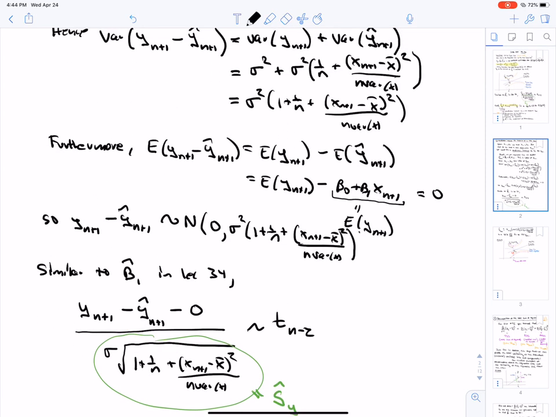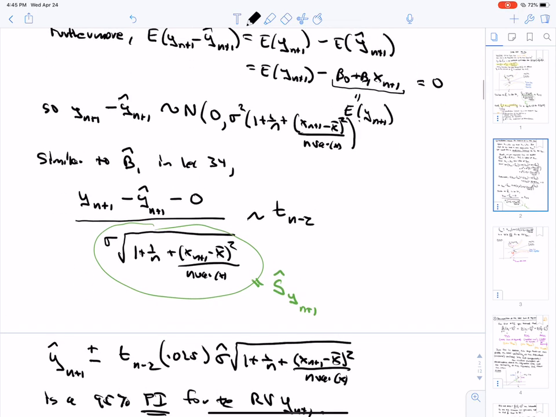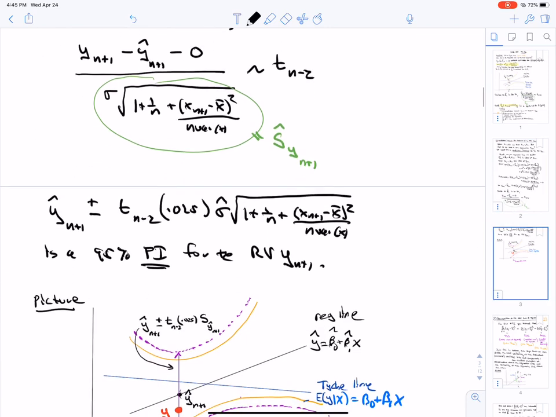And so we have that the residual is a normal random variable with mean 0 and variance sigma squared times 1 plus 1 over n plus xn plus 1 minus x bar squared over n variance x. And similar to our proof for beta 1 hat, the residual minus 0 over the standard error is a t distribution with n minus 2 degrees of freedom.